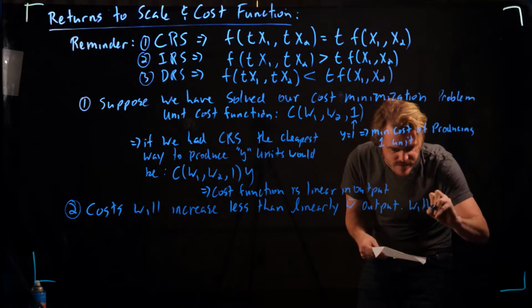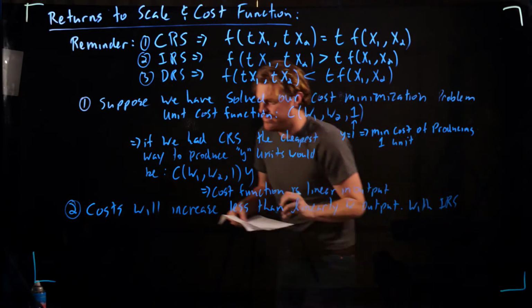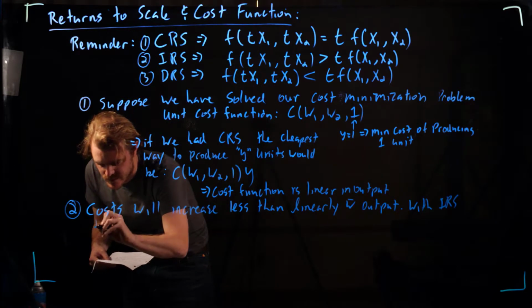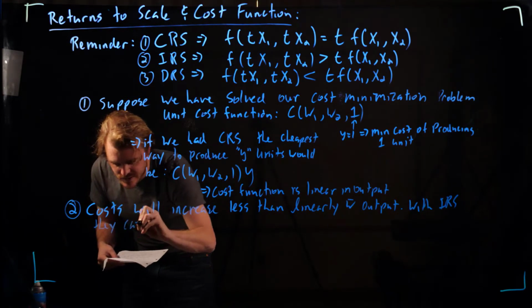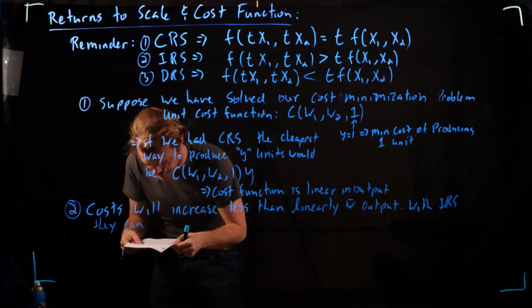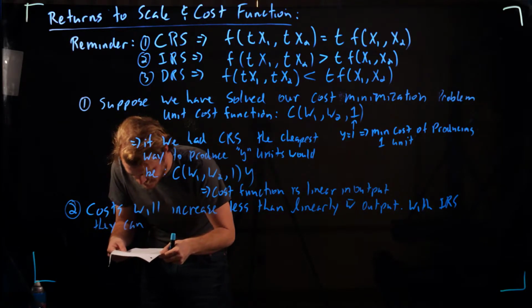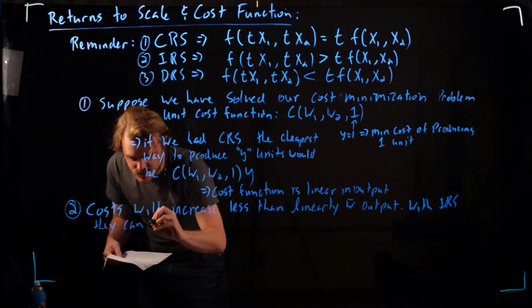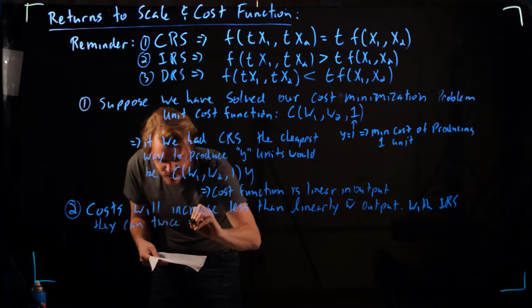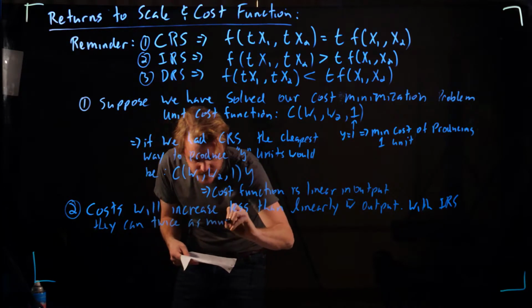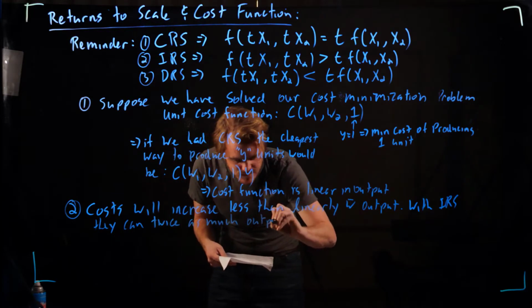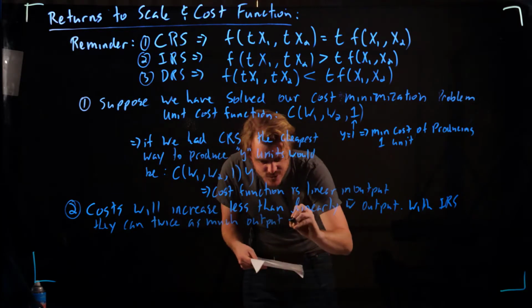Because with increasing returns to scale, they can produce twice as much output at less than twice the cost.